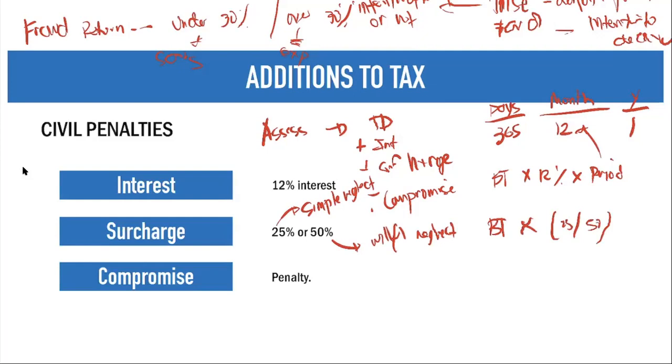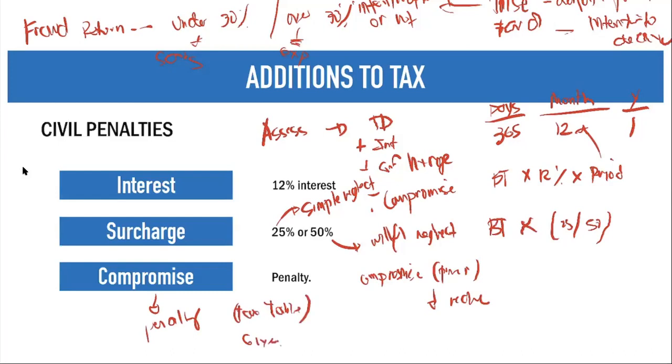And then compromise. What's the difference of this compromise to the other? A while back, when we talked about compromise as a power, that is to reduce tax. The compromise here is a penalty. So this is based on a tax table. Normally, the compromise is always given because I don't want you to memorize the tax table for compromise.